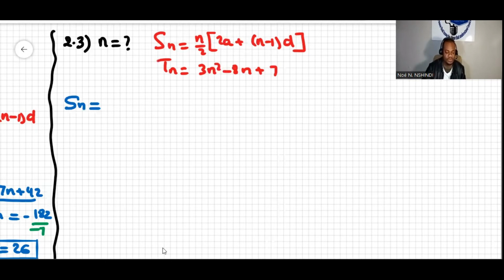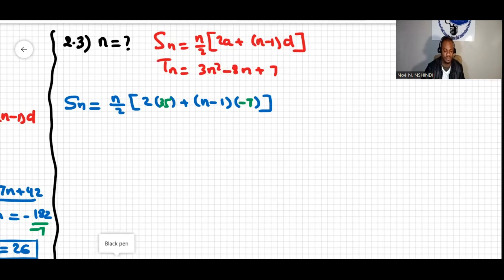Sn will be equal to n over 2, open square bracket, 2a plus (n minus 1) times d. So I'm going to sub in the values. A, the first term, is 35, and d is -7. Now this will be n over 2, open square bracket, 70 plus -7n plus 7.